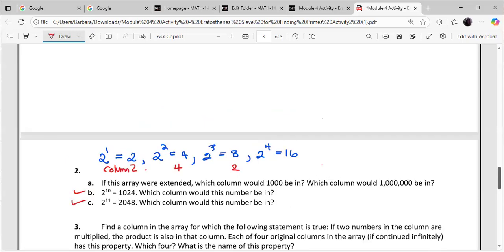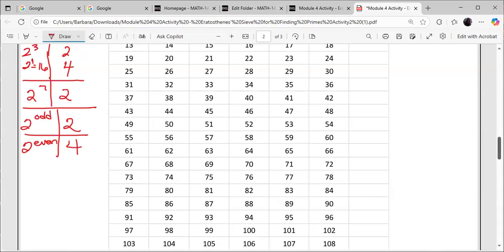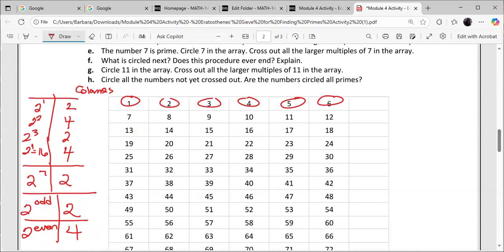All right, so again, I would look for simpler things. Which column is 1,000 in, and which column is 1,000,000 in? What do you think might be a simpler question to ask?